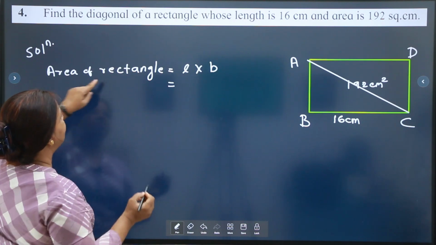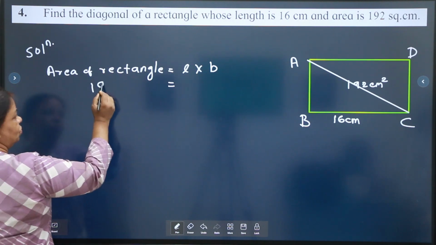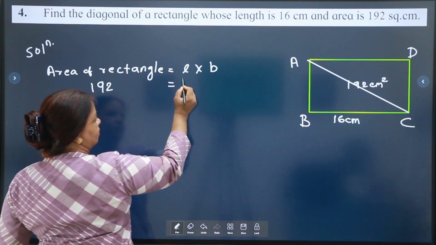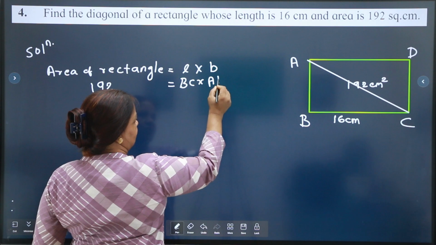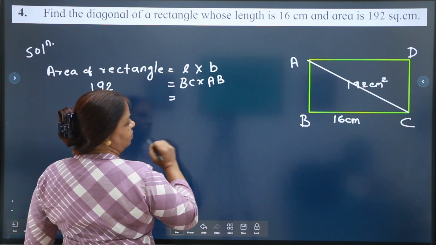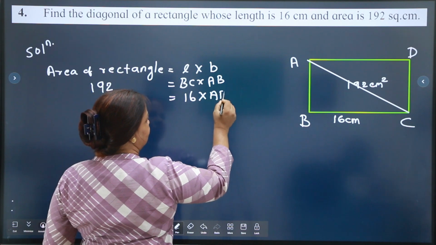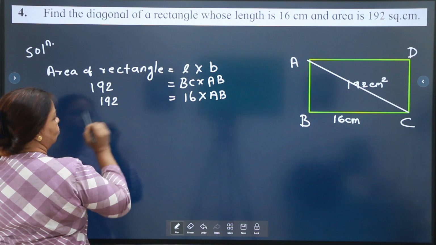And how much is the area of the rectangle? Area of rectangle is 192. And what is length? Length is BC. What is breadth? AB. So BC is equal to 16 into AB, which is equal to 192.